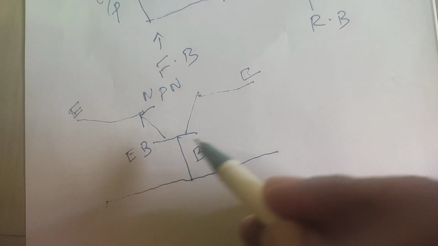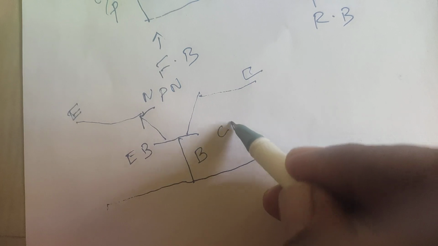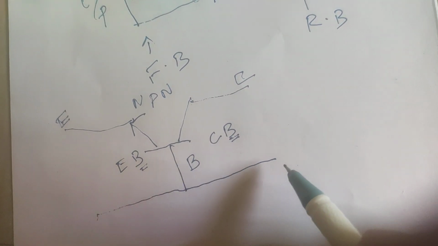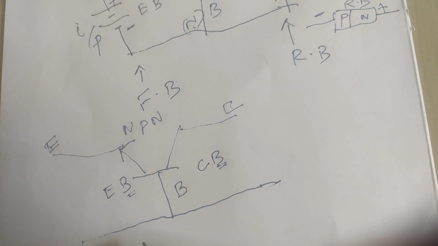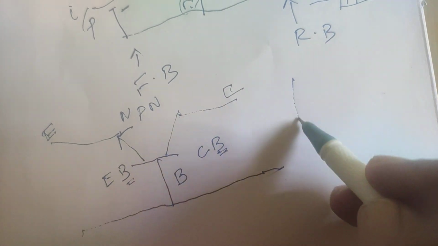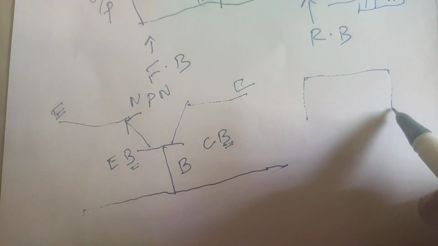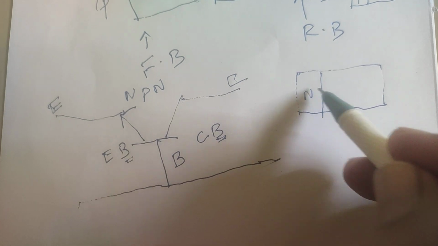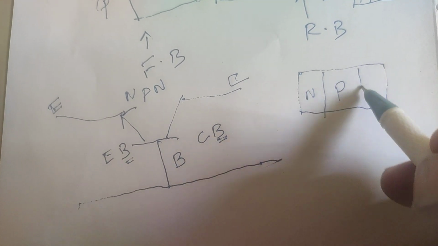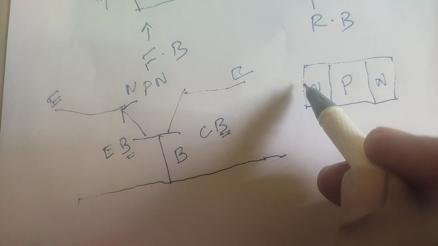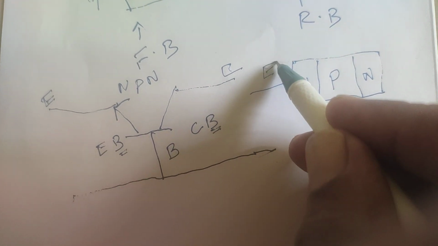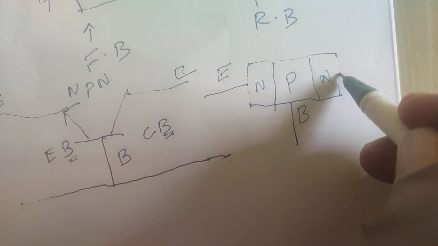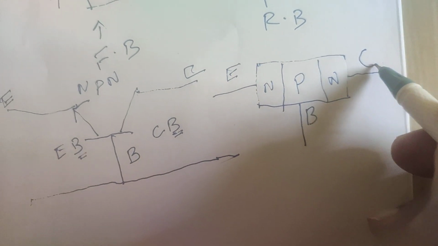The emitter base junction is the input port. The collector base junction is the output port. The second letter B indicates the common base configuration. Okay. In the layer diagram, this one is an NPN transistor. So the first layer is N, the middle layer is P, the last layer is N. The first layer N is the emitter, the middle layer P is the base, the last layer N is the collector.